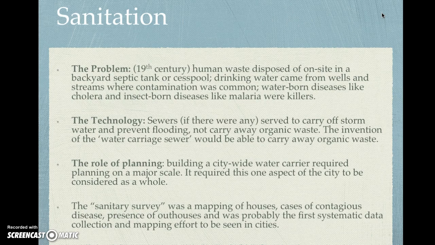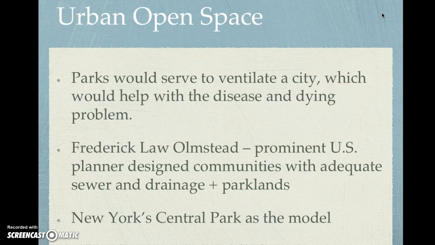And so that's just an example for you of how urban planning is used to address a city problem. Okay, so this idea of urban open space, also a big deal to planners. This is your parks. Part of it was tied into public health. It's where parks would serve to ventilate a city.